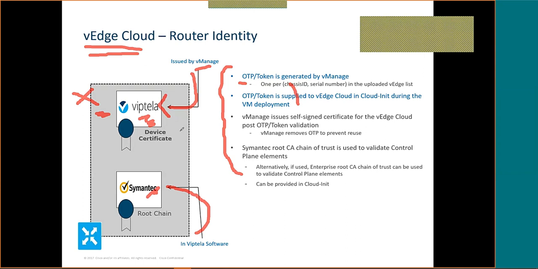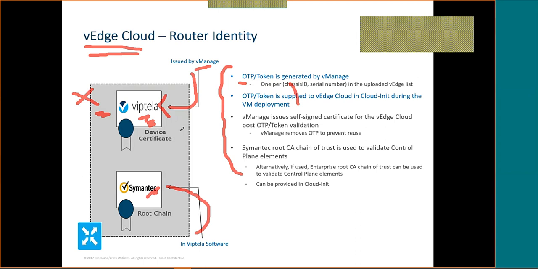vManage will generate dynamic chassis IDs and associated OTPs, so one time passwords or tokens, whatever you want to call them. So in vManage, dynamically generated chassis IDs and dynamically generated tokens will be present. In the VMs, we copy the vManage dynamically generated chassis ID and then token.